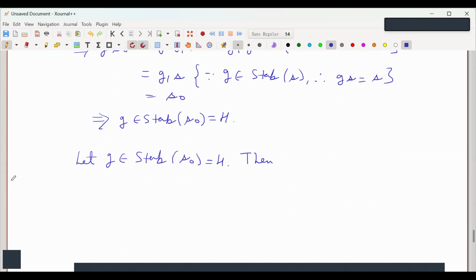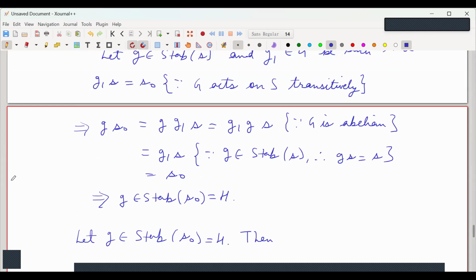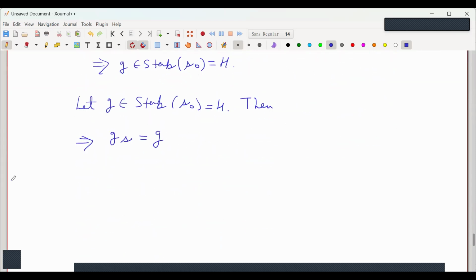How can we do that? g of s is the same as g of, now if g1 of s is S naught, then s is g1 inverse of S naught.